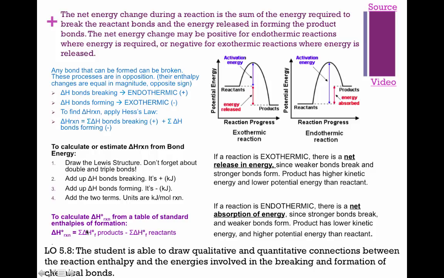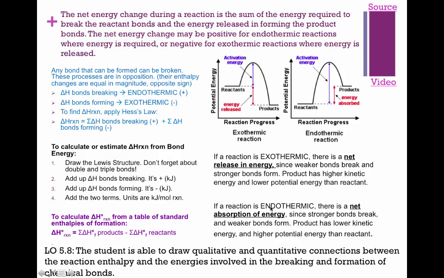And if you are given standard enthalpies of formation, which is your delta HF, always products minus reactants to calculate delta H there. When you're looking at a reaction being exothermic, that means that you have released energy, which means you are probably forming stronger bonds. So if a reaction is exothermic, you're probably forming stronger bonds and you broke weaker bonds.